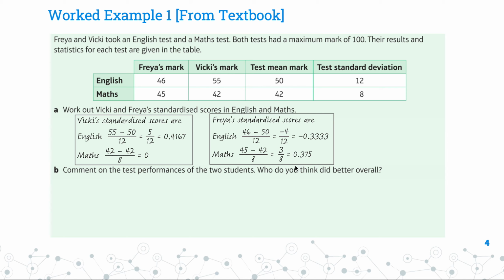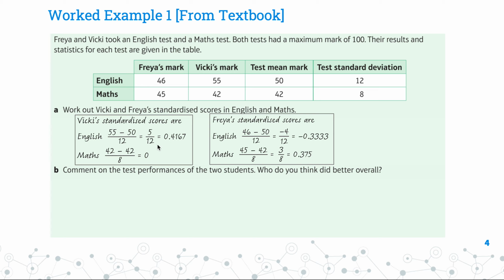Okay. So, comment on the test performances. Who do you think did better overall? Sometimes this is tricky to determine, but it's one of those things that in stats, as long as you've shown enough knowledge, you could probably give a variety of answers as long as your explanation is good enough to go with them.